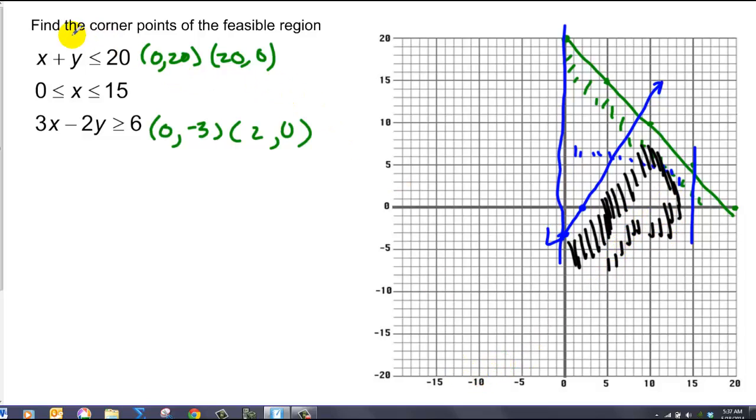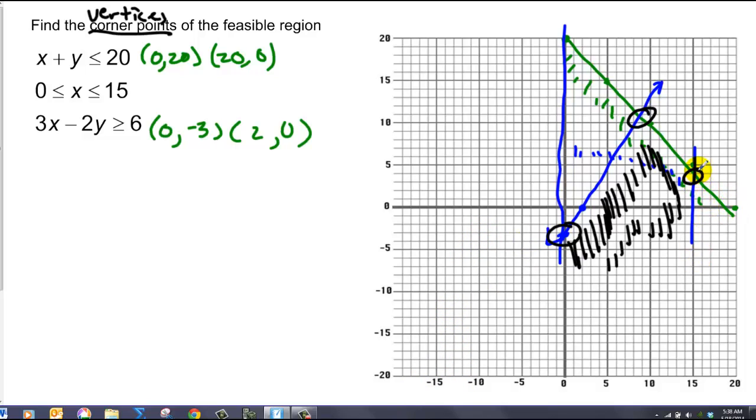And they asked me to find the corner points of the feasible region. Now, corner points are also called vertices. They are points of intersection, like so. So a couple of these are pretty easy to find.